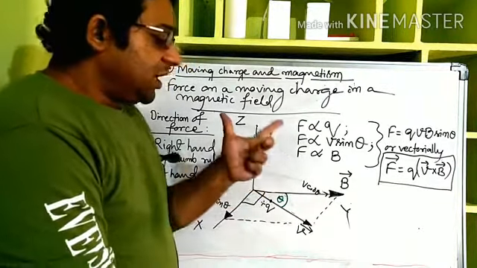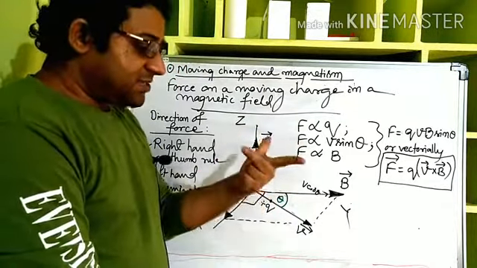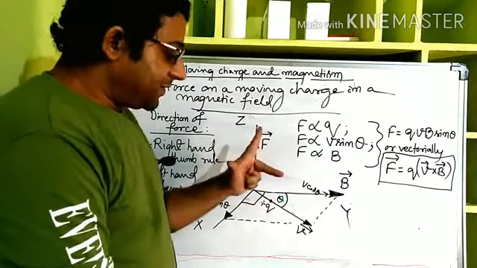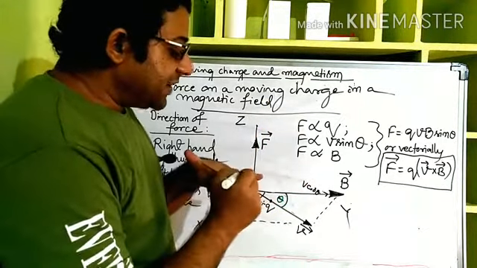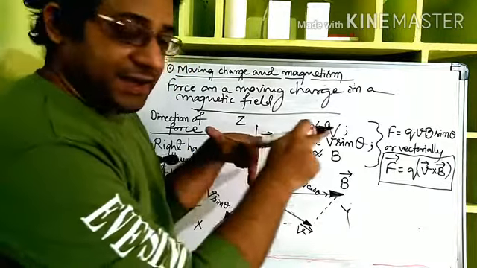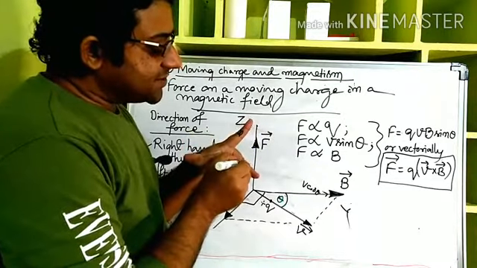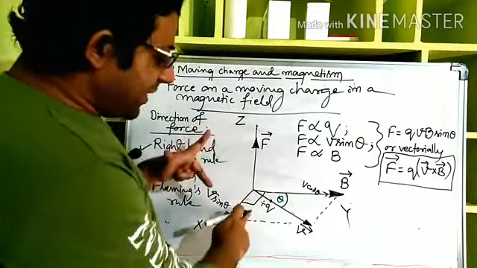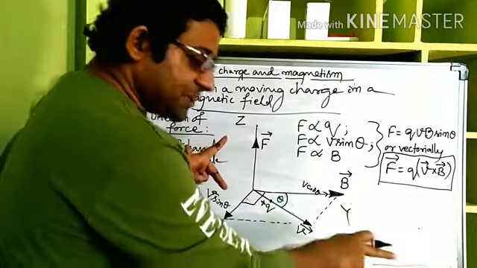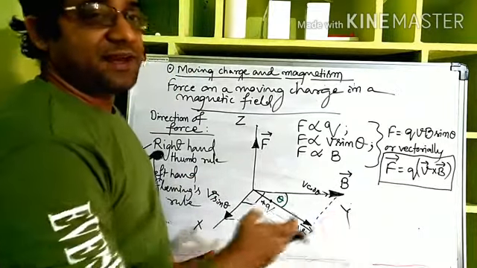How? See, you stretch your middle finger, index finger and thumb in such a way that they are mutually perpendicular to each other. If the index shows the magnetic field direction and the middle finger shows the current direction, see, this is another reason why we assumed the plus Q charge, because the direction in which the plus Q charge is moving, that is the direction of electric current.